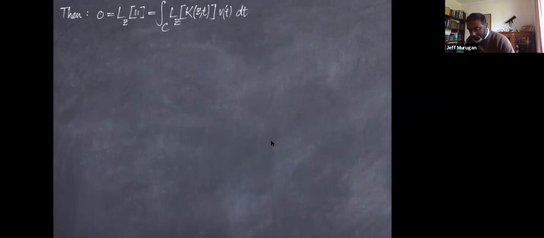And we just said that by our assumption, we're going to replace the L_z acting on the kernel with this new operator, which I don't know what the operator is yet. I'm going to need to work that out, but I'm just assuming that it exists. But I'm going to replace L_z with this new operator acting with respect to t. Remember, the kernel is a function of both z and the parameter t, the dummy variable of integration.